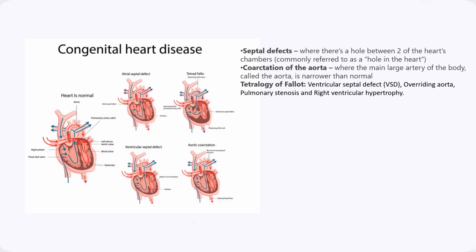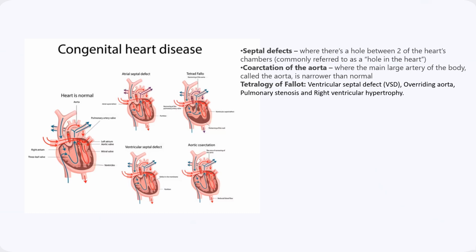Next type is coarctation of aorta, where the main large artery of the body called the aorta is narrower than normal. Coarctation of aorta means the aorta will be narrowed, so blood supply to the body will be very poor. Then the fourth type is tetralogy of Fallot. It's very common.